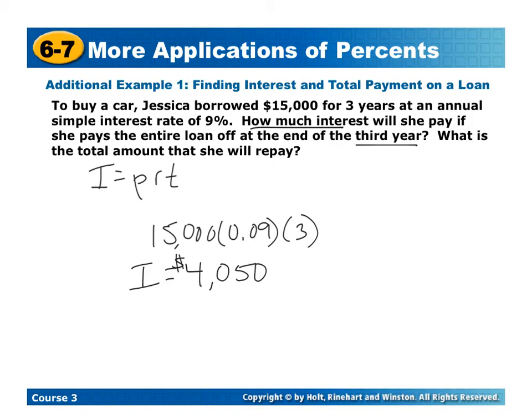So if she waited and then paid the total amount at the end, we're going to take that interest and add it on top of the $15,000 that she originally borrowed, for a total that she'll end up paying for her car of $19,050.